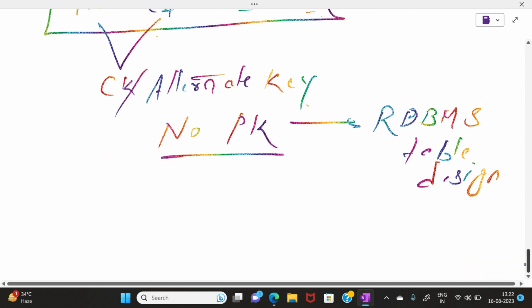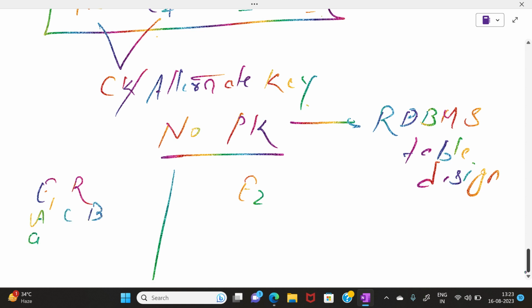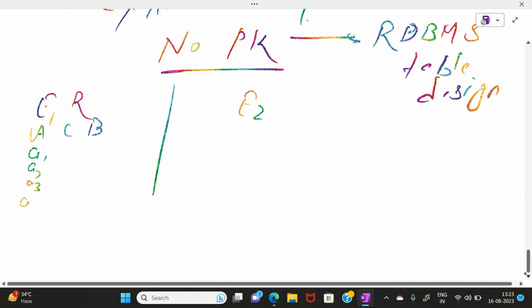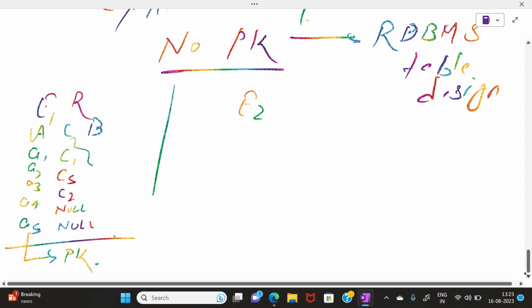Okay, so we could combine any two of them. Like we can combine even R and E2, so here we have A, C, B and A1, A2, A3, A4, A5, and for A1 we have C1, A2 we have C5, A3 we have C2, A4 null and A5 null. So this way we have two candidate keys, but this will be the primary key and this will be the foreign key, referencing this.